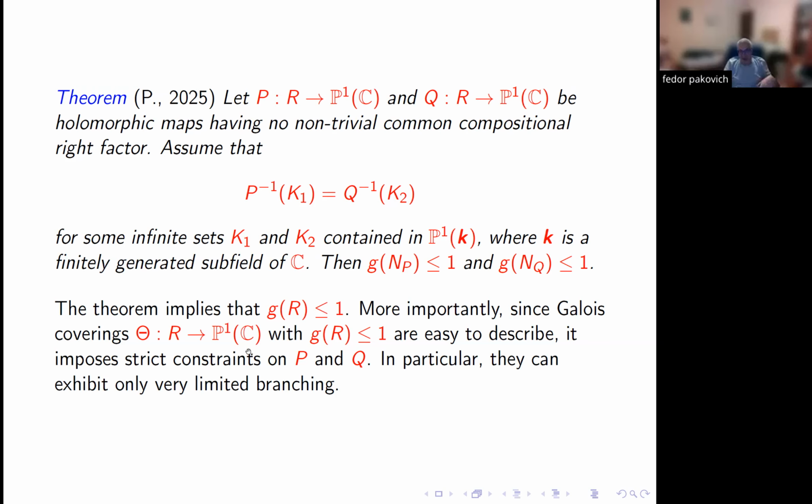If you have genus 1, it is a little bit more complicated, but you still have some reasonable description, and in particular you know what the branching of these functions could be. Therefore, if you take some random functions, for sure you cannot obtain something like that.